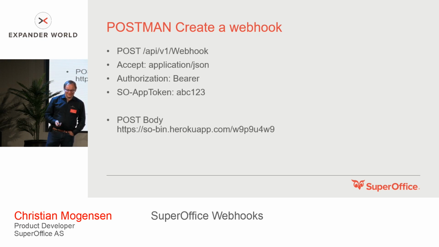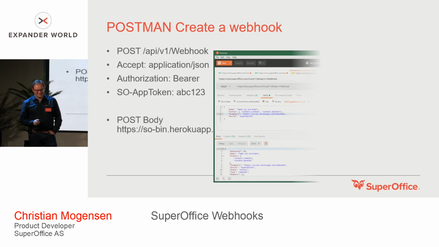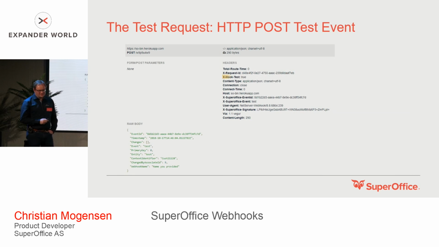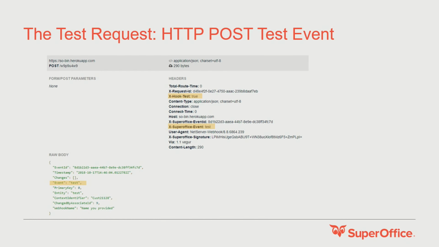But finally, if we post to a proper URL, it'll say okay and register our URL. All hunky-dory. And then the test gets registered on our receiving bucket. It's a test event, so okay, good, everything is there.